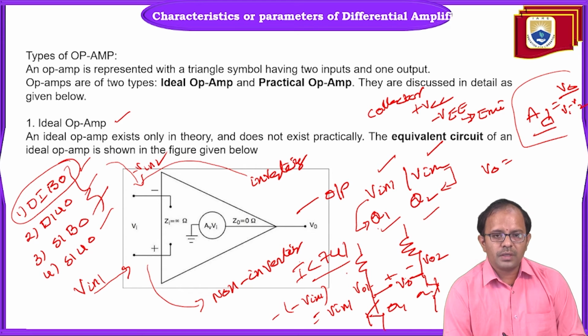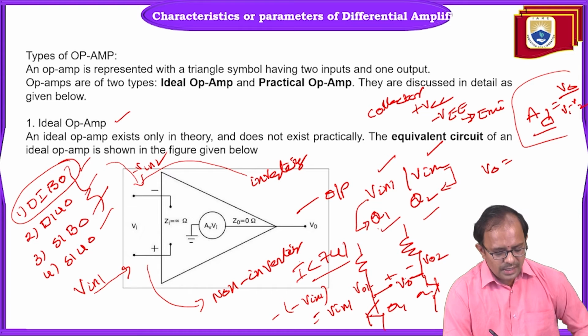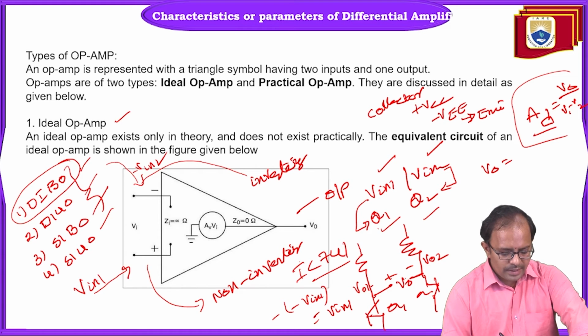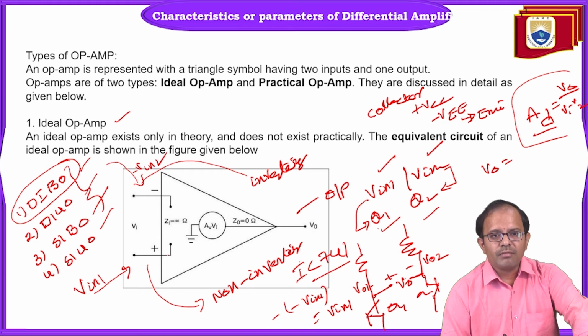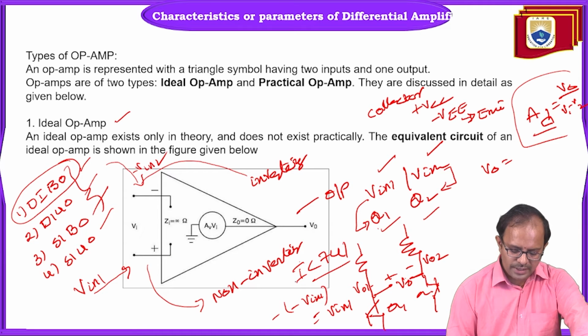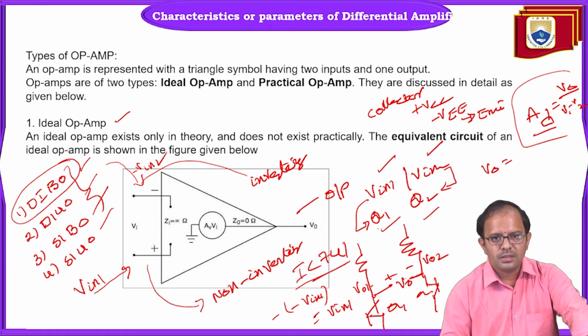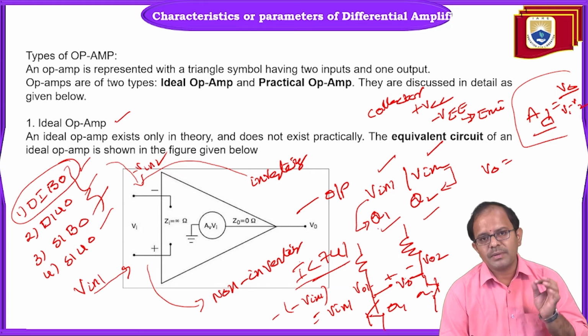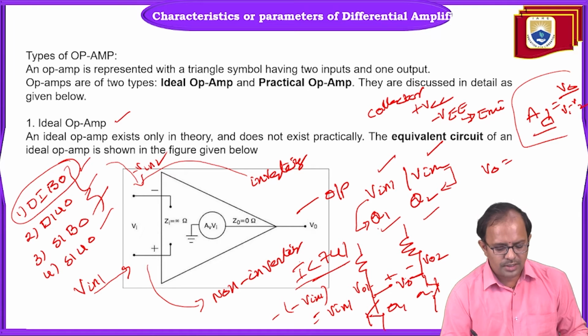The signal applied across the inverting terminal will have a polarity of minus, and similarly the signal applied across the non-inverting terminal will have a polarity of plus. So these are the two standard inputs, inverting and non-inverting, available in the basic operational amplifier, which we call IC 741. And as usual, there will be only one output, which is V0.